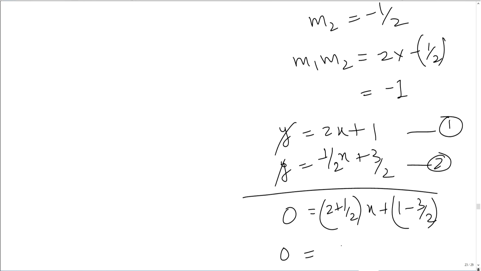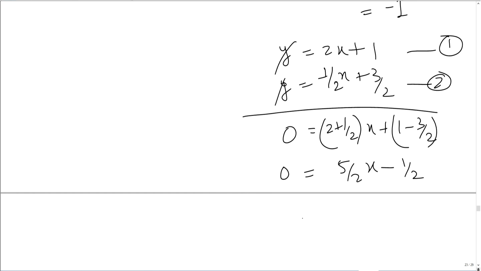So 0 equals 5 by 2 x minus 1 by 2. So 5 by 2 x is equal to 1 by 2, 5x is 1, x would be 1 by 5.